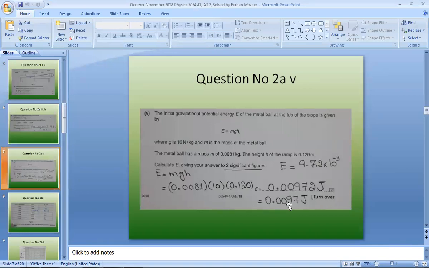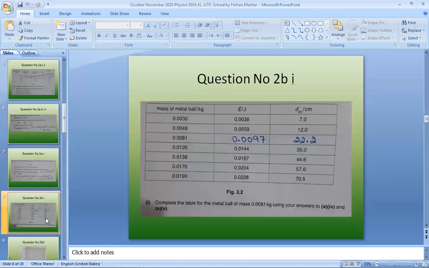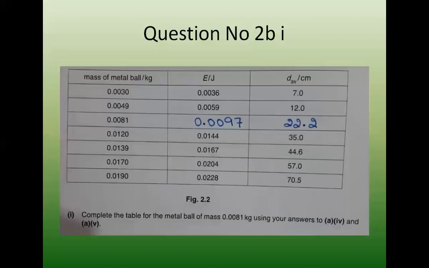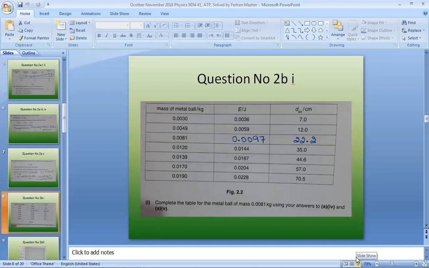And here it is 0.0097 joules. So 0.0097 joules and 22.2 centimeters. You just have to put these values in that table. So that was question number 2B, first part. Hopefully you understand.